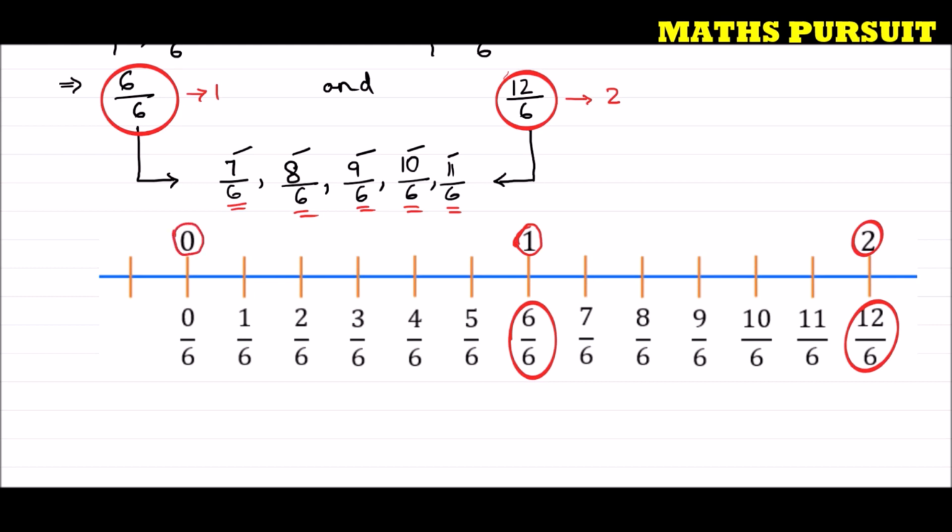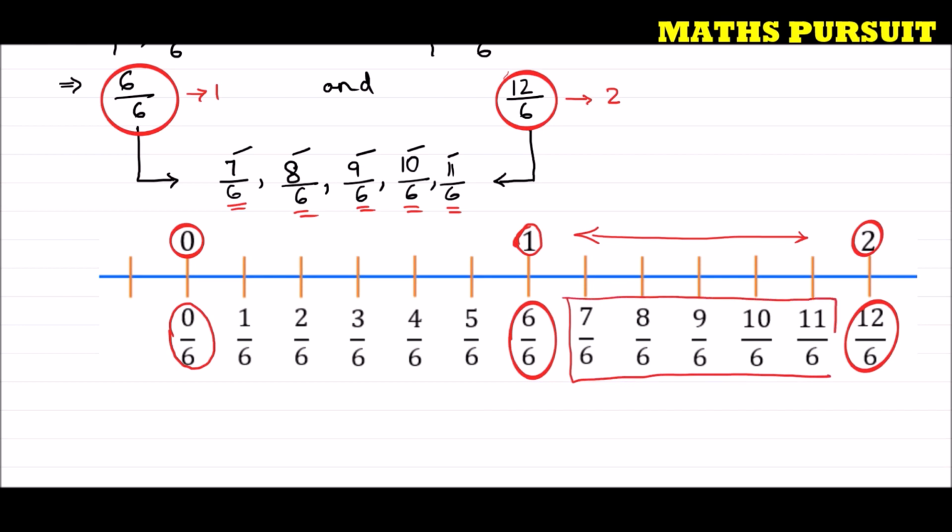I have also shown 0 here, which is nothing but 0 upon 6. Here our main intention is to show 7 upon 6, 8 upon 6, 9 upon 6, 10 upon 6 and 11 upon 6. You can see that in between 1 and 2 we got 5 rational numbers. Guys, this is our answer.